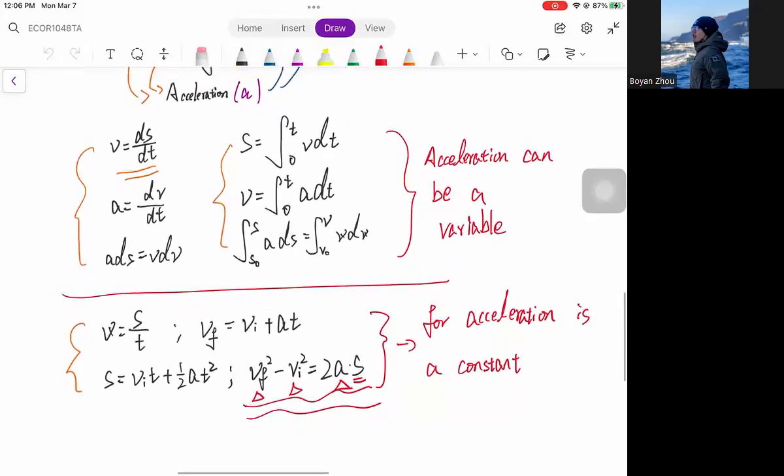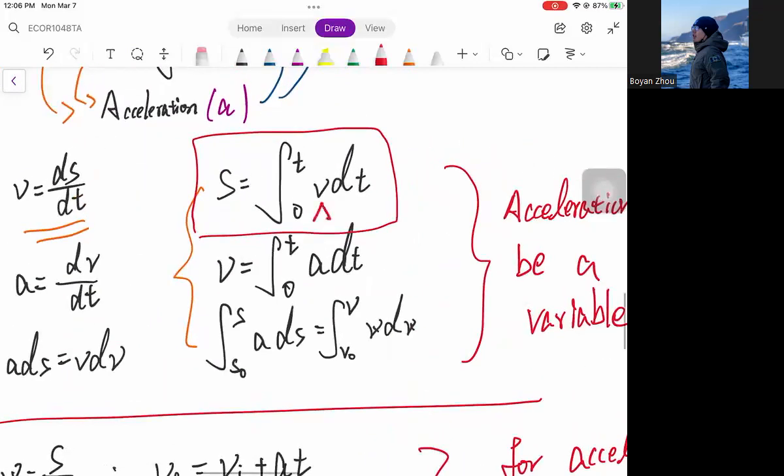So we're going to use this equation. The velocity is a known value and s is the thing we're looking for. For this equation, we know everything, and also we know the time is from 0 to t. So that's the equation we're going to use.